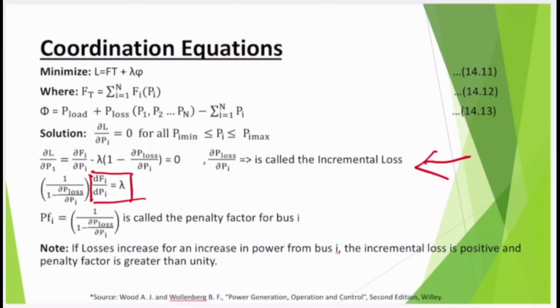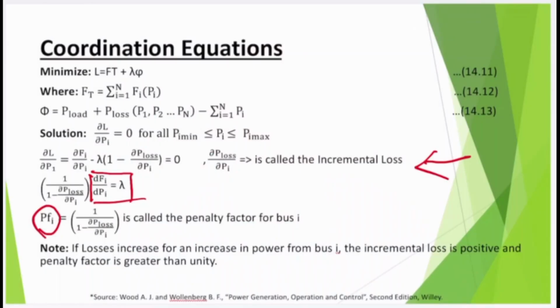So what has happened? Now the equation got modified because of losses, and hence the term 1 upon (1 minus dou P loss upon dou Pi) is known as PFi, which is the penalty factor. That penalty factor is due to losses. If losses increase for an increase in power from bus i, the incremental loss is positive, and hence the penalty factor is greater than unity.